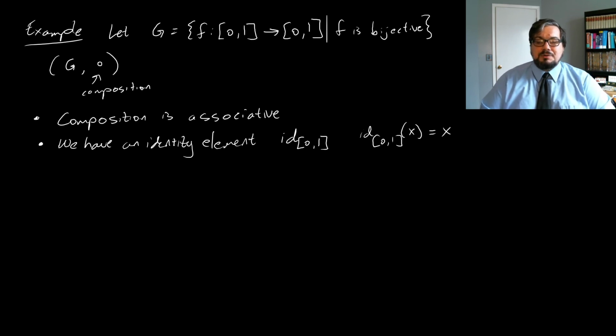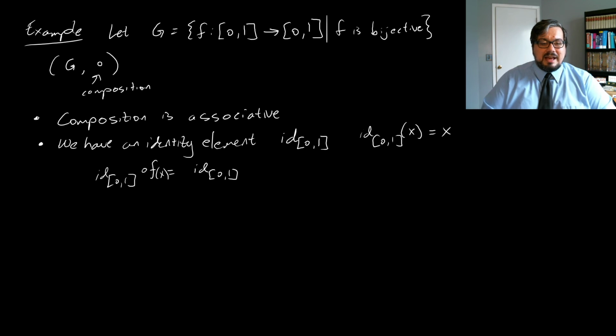If I compose this function with an element f and apply it to an element x, that's just going to be the identity function of f of x, which is just f of x back, and similarly going the other direction. So that gives us an identity element.